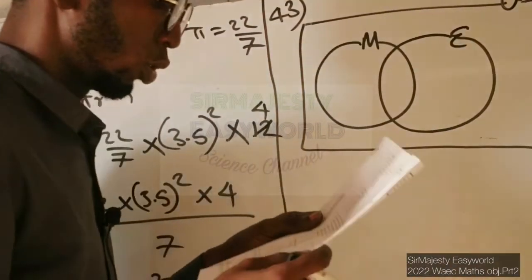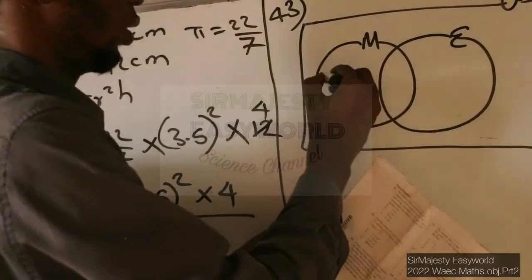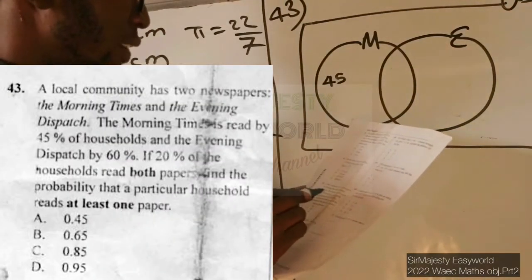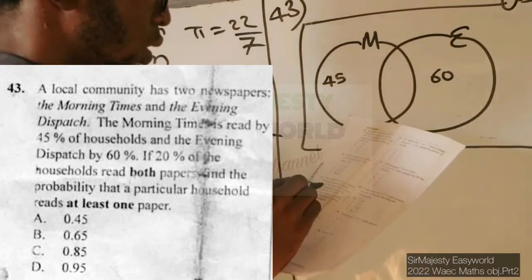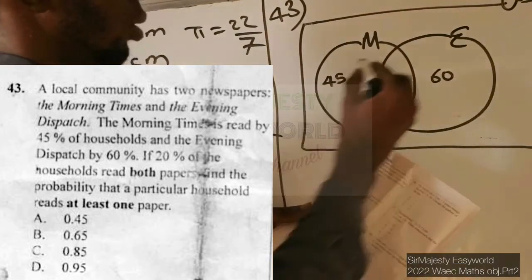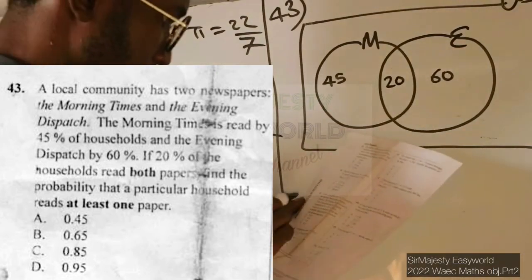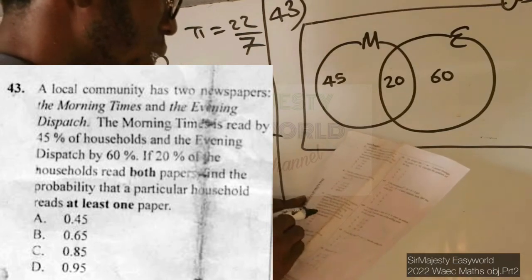Okay, so it says the Morning Times is read by 45%. So here I'm going to put 45%. And the Evening Dispatch by 60%. 20% of the households read both. So both goes here for 20%. Find the probability that a particular household reads at least one paper.